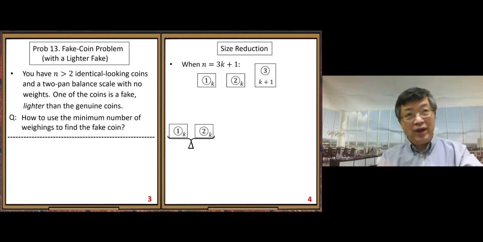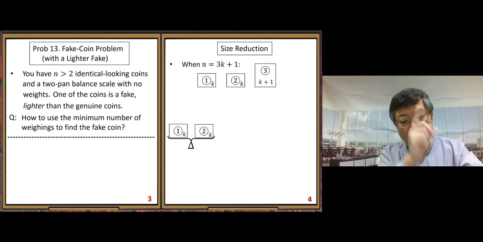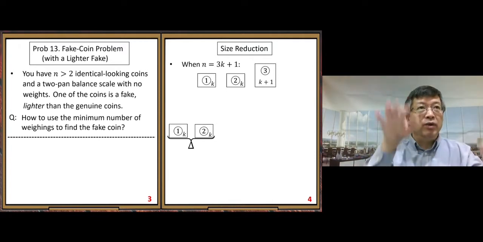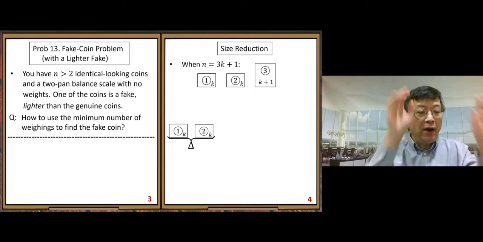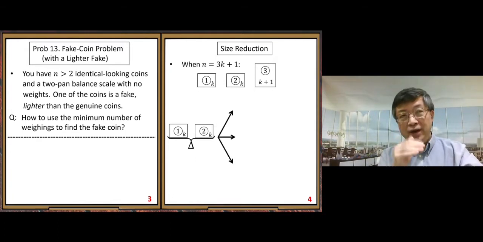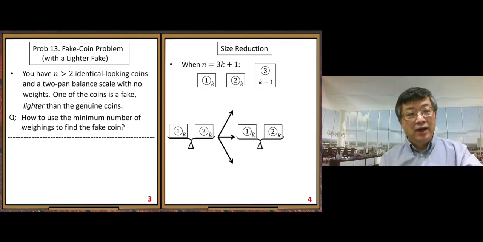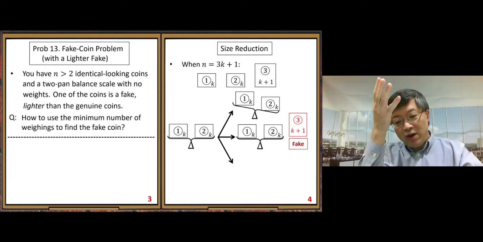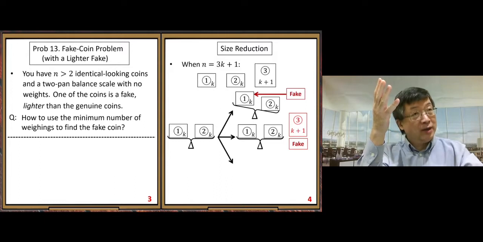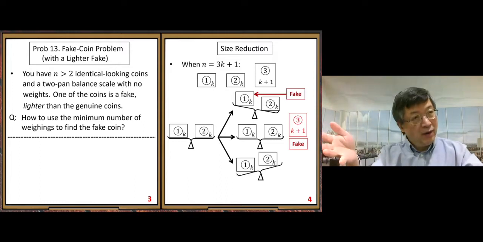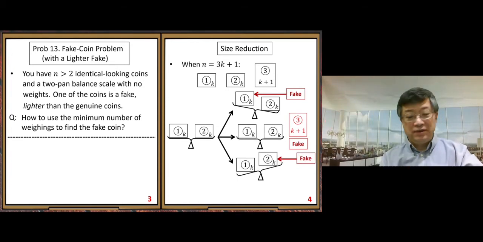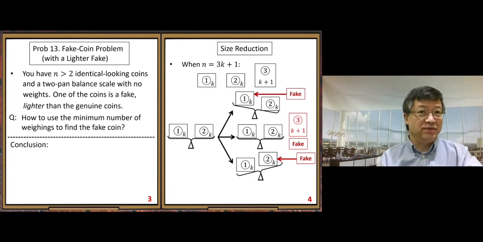Now, when we do our first weighing, pile 1 and pile 2 have the same number of coins, so naturally we put these 2 on the scale. 3 possibilities: middle one, pile 3 contains the fake; upper one, pile 1 contains the fake; lower one, pile 2 contains the fake.